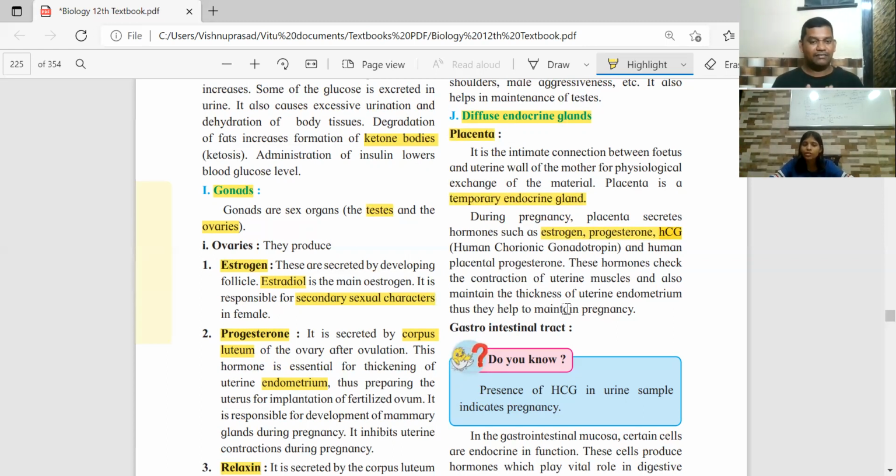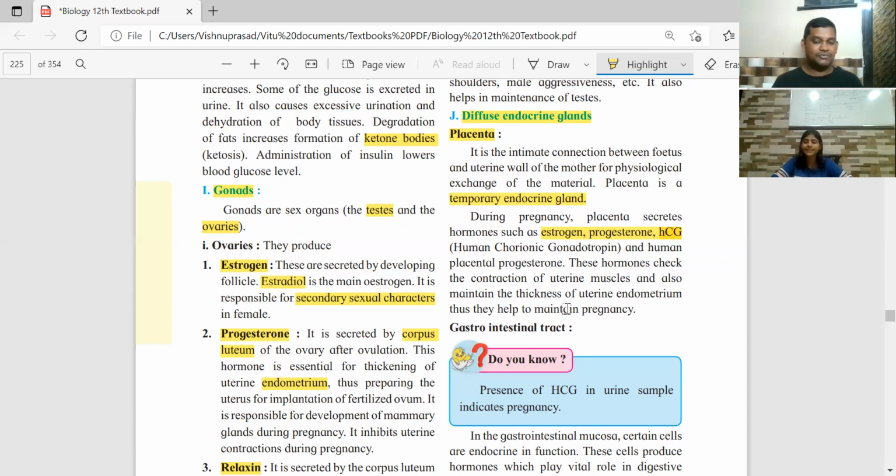Why is it considered minor? It is produced during embryonic development and is temporary. Once the pregnancy is over, once parturition takes place, the placenta is also removed because it is not required anymore.